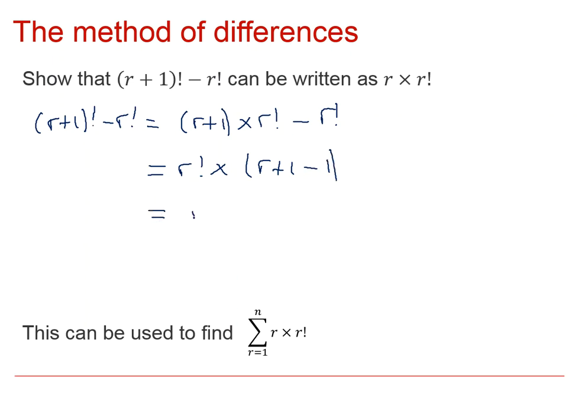So that's going to give us r factorial times r, as required. And now I'm going to leave this example here for you to have a go at finding the sum of this series using the method of differences. This is in exercise 1 on Integral, so you can check your solution on there.